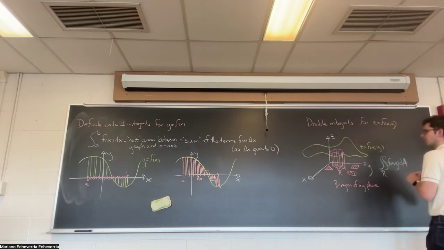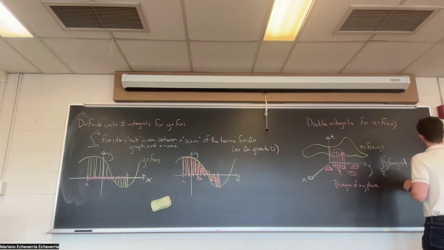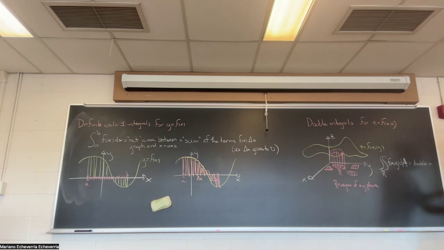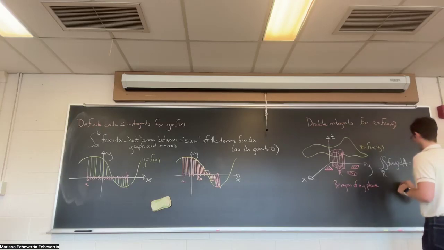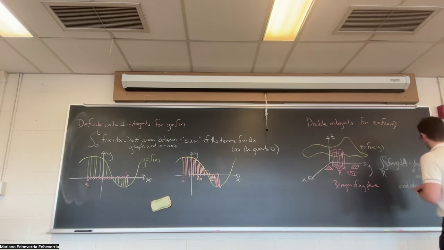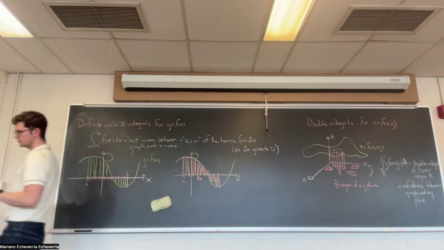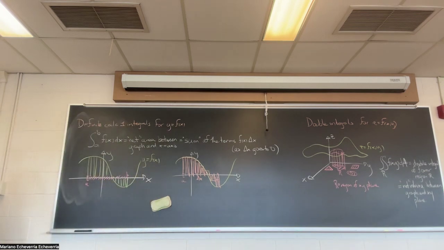So this will be our double integral of that over region R. And again, that's supposed to be some sort of net volume between the graph and the xy-plane. That makes sense? Are there any questions about this so far? Good.